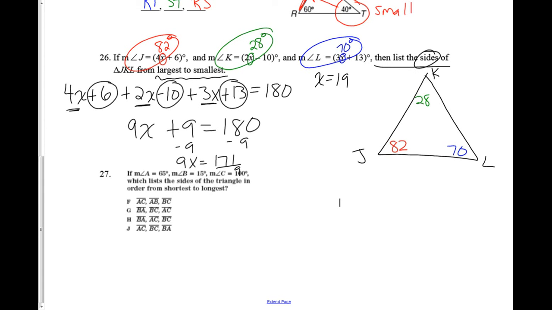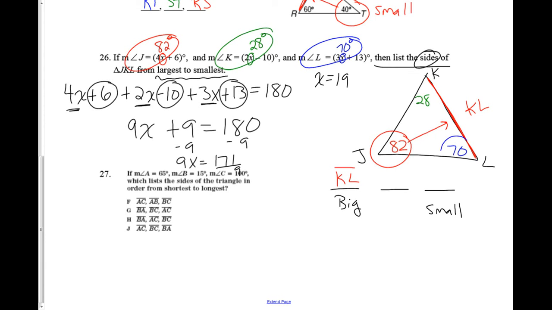So I want the biggest side first, and then I want the middle side, and then I want the smallest side. To find the biggest side, I need to find the biggest angle. So I start with the biggest angle, and across from the biggest angle is the biggest side. This side is called KL. To find the middle side, I need to find the middle angle.